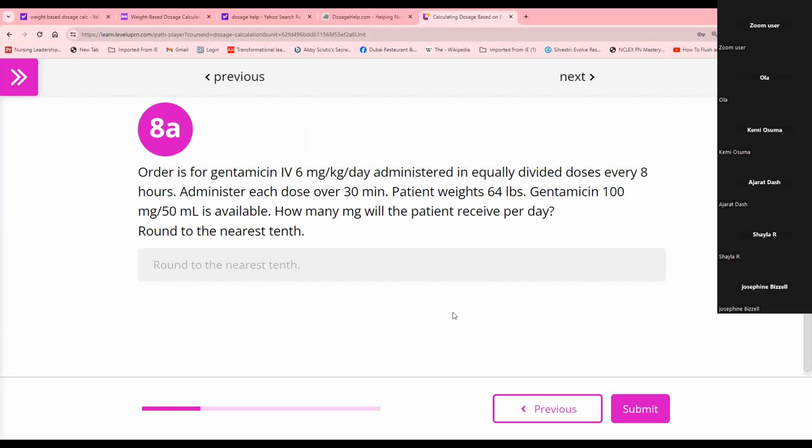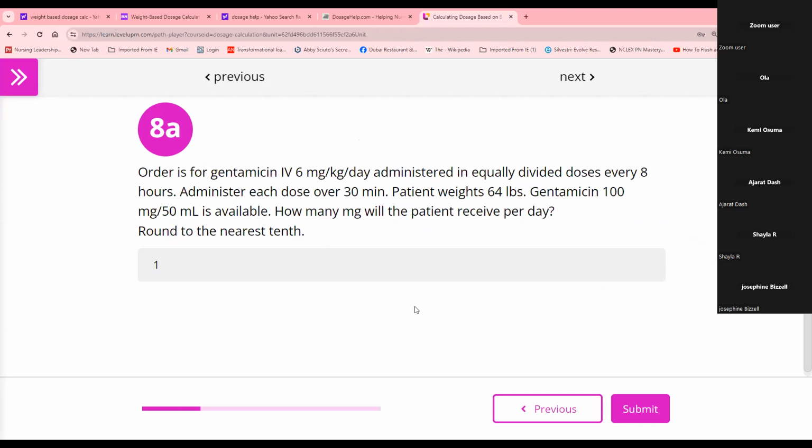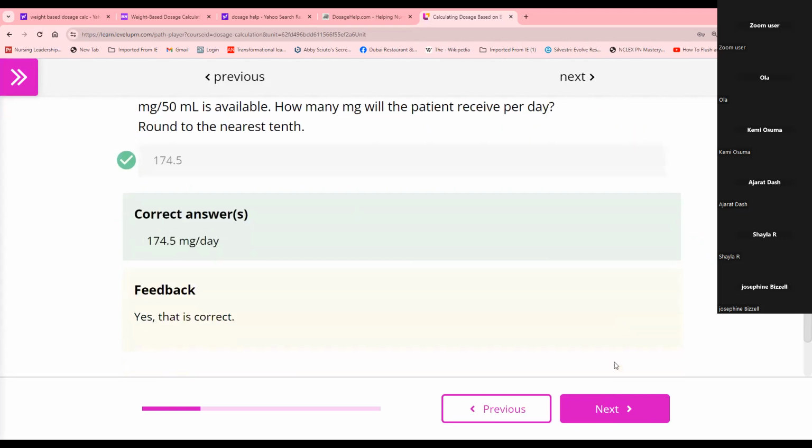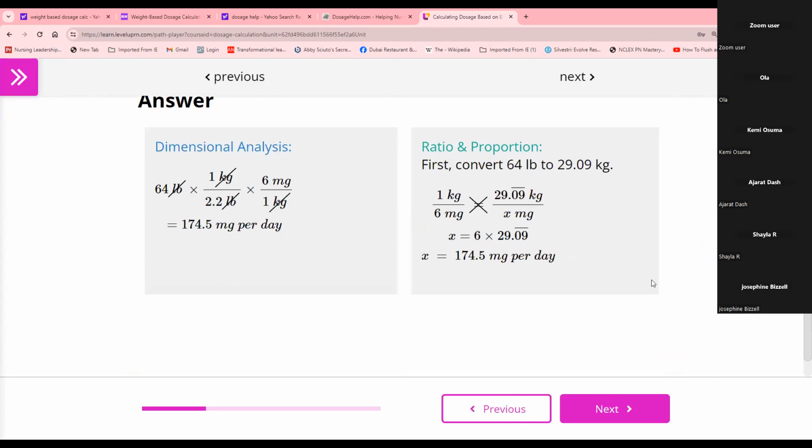So the nearest tenth is going to be what? 174.5. Perfect. Okay, there's your picture, dimensional analysis, and proportional ratio, whatever they want to call it.